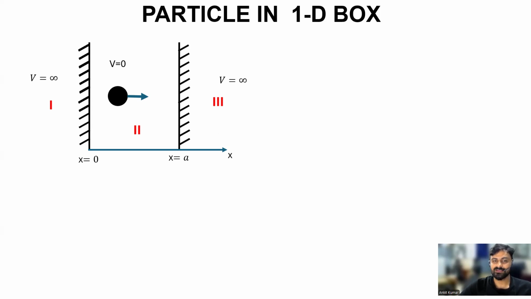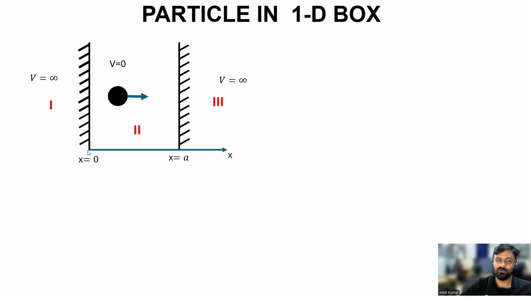So here you can see that two infinitely high walls are there, and the particle is trapped between these two boundaries. I have divided this system into three different regions. There is region one where the potential is infinite, region two where the potential is zero, and region three where the potential is again infinite.